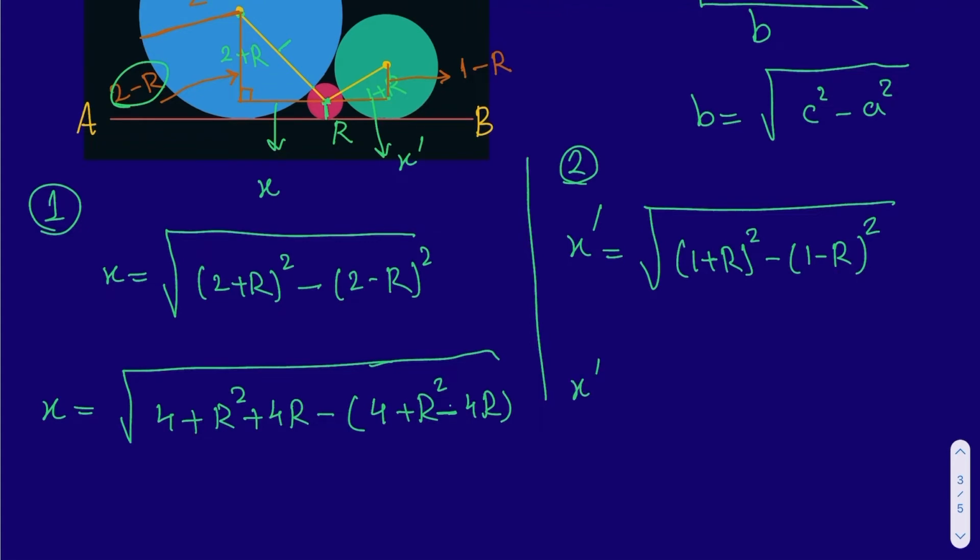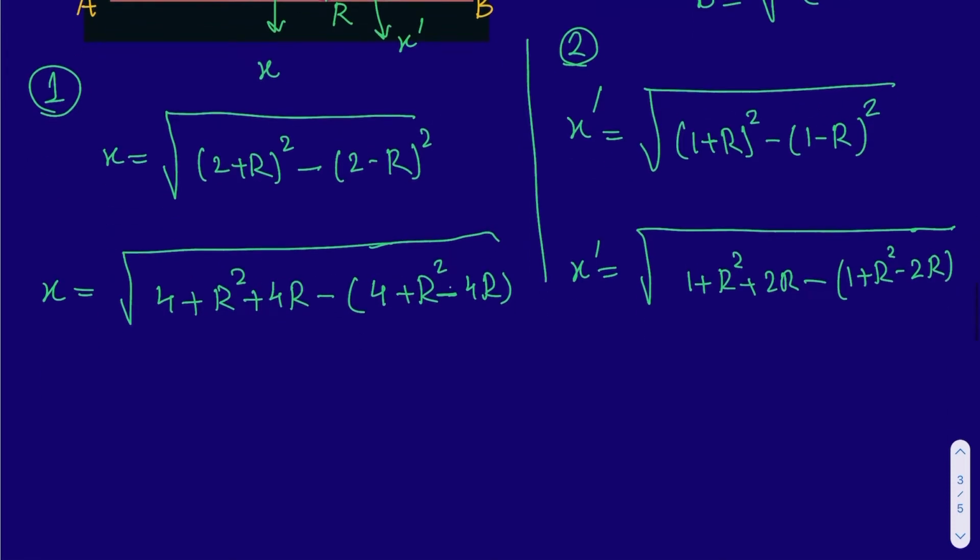X prime will be equal to, we will expand again, (1 plus r squared plus 2r) minus (1 plus r squared minus 2r).